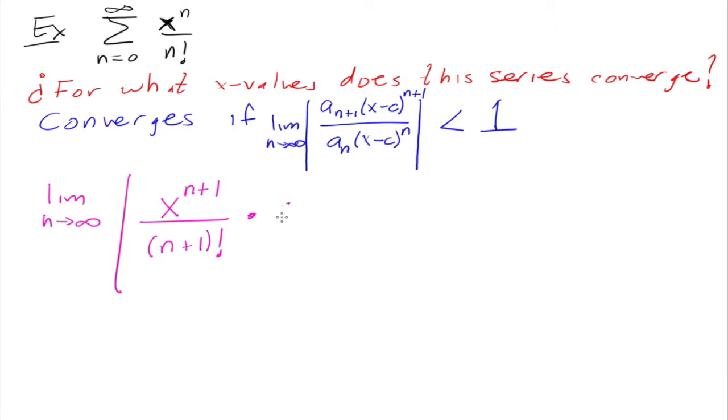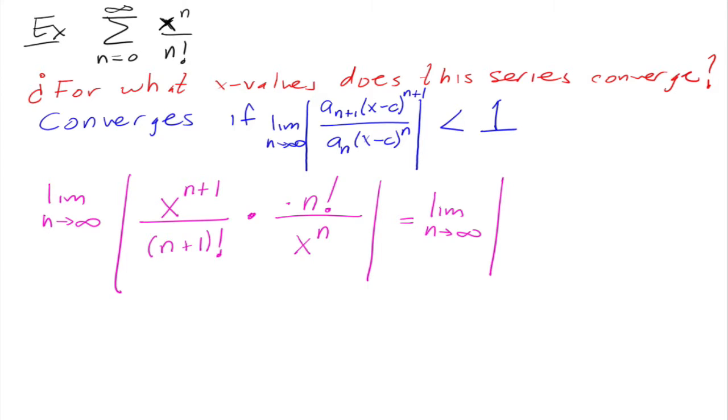So this is the numerator, and then over a sub n, so n factorial, over x to the n. Does that make sense? Okay, so then I simplify this a little bit, and I get the limit as n goes to infinity of... so what can I get rid of here?